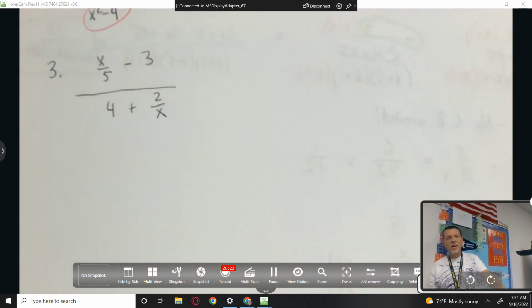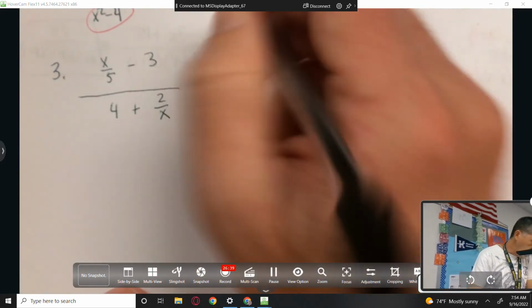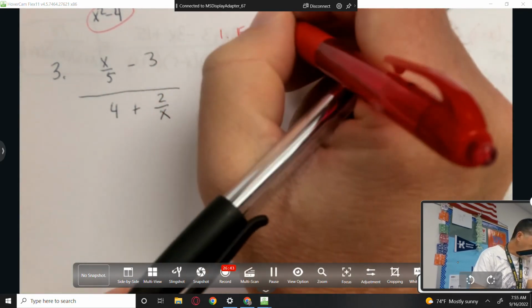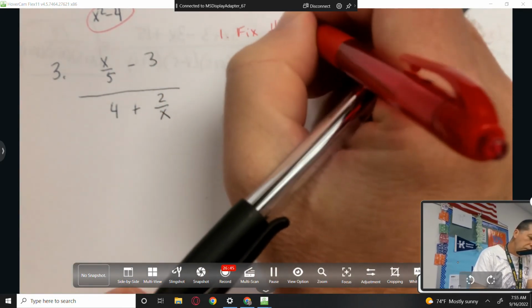X over 5 minus 3 over 4 plus 2 over x. Well, I can't keep it, change it, flip it yet until it's one fraction over another fraction. So I'm going to make it one fraction over another fraction. There's different ways to work this problem, but to me this is the easiest way.